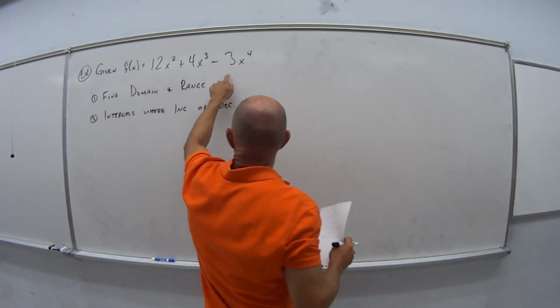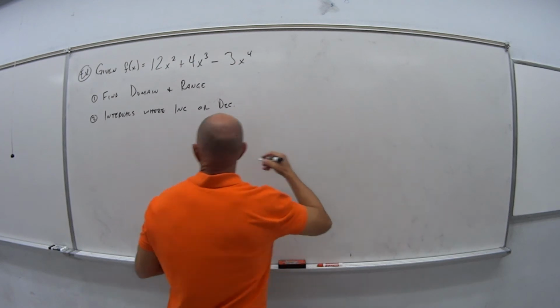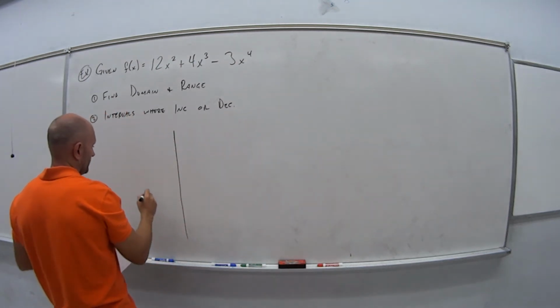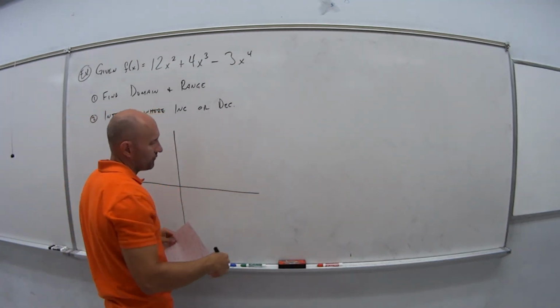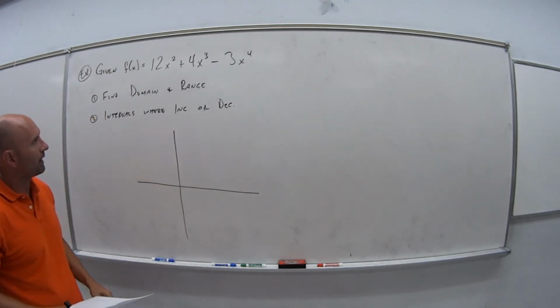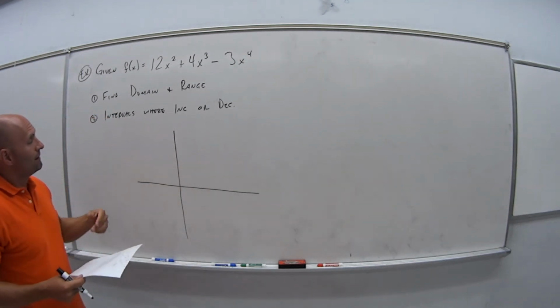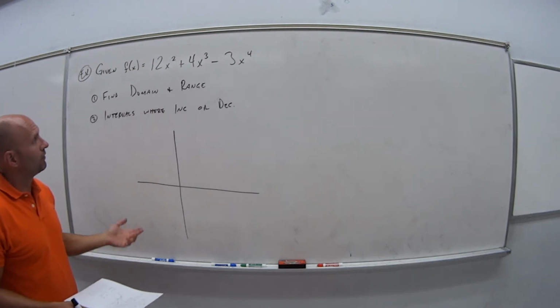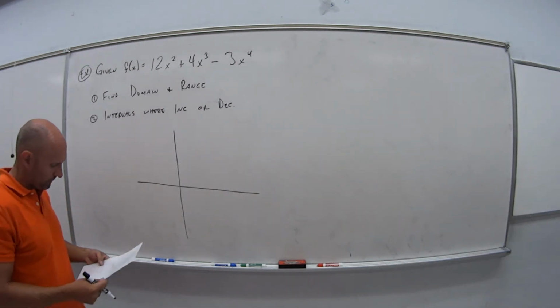So if I was to graph this function, there's different graphing software out there. I can tell you guys about some of that if you need to know. You could also plug in values on a table and plot the points.